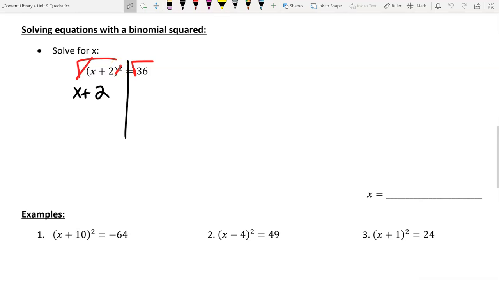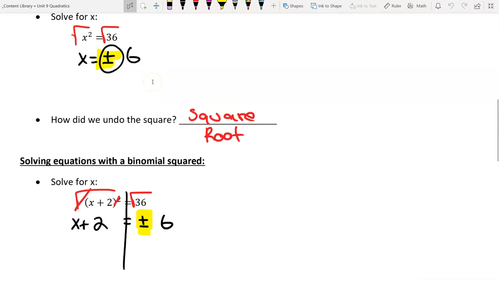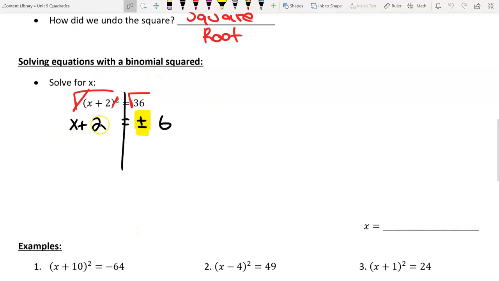On the right side, we've done this before, square root of 36, you have to put plus or minus 6. Once again, very key concept for today because this is how we get our two answers. We are used to having two answers, but they used to just look like this. Now we have to actually solve two of them, okay? Let me make this a little bit shorter so we can split it off.